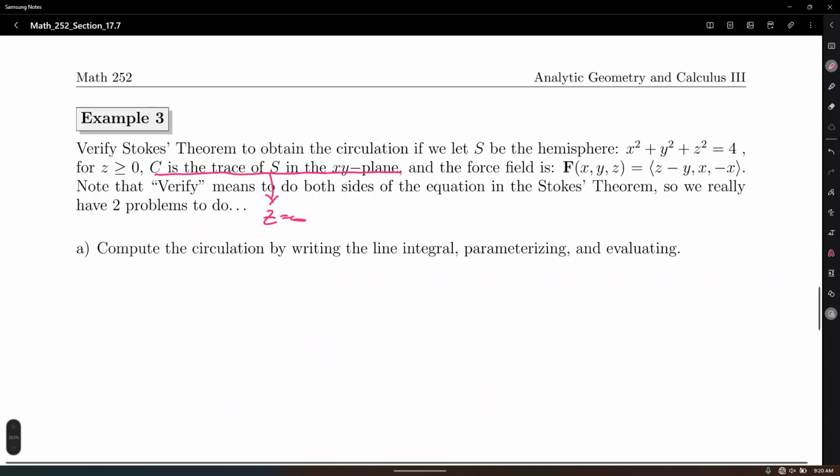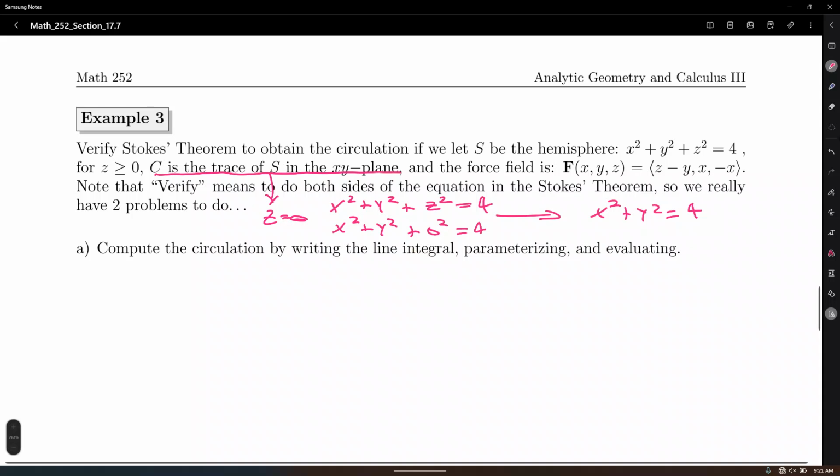So z equals 0, so x squared plus y squared plus z squared equals 4 becomes x squared plus y squared plus 0 squared equals 4, which means x squared plus y squared equals 4. So in this case, well, the trace for sure is on the surface, right? Yes. Well, of course, the driving force, the force field is z minus y, x, negative x.